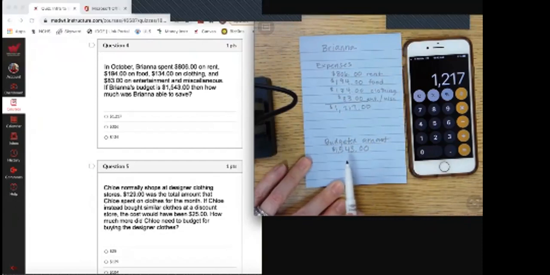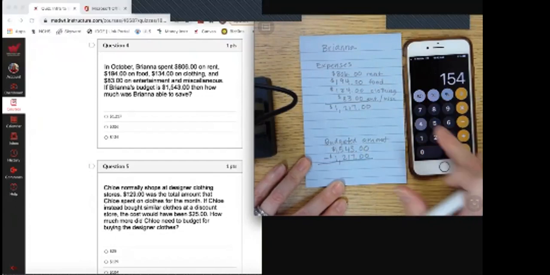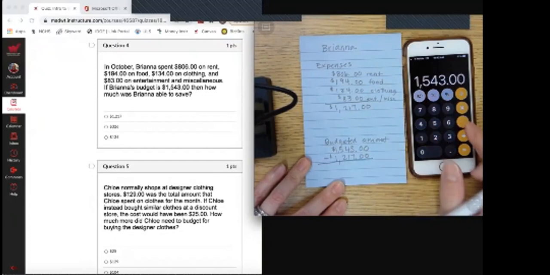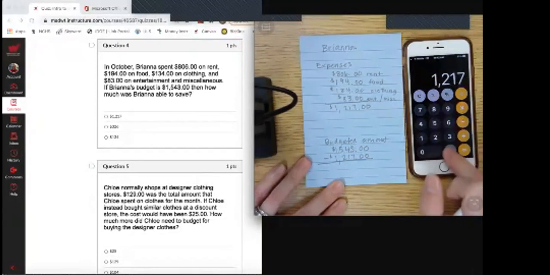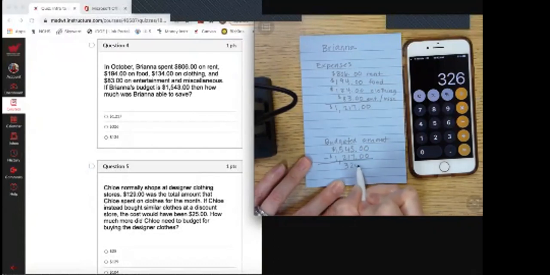Her budgeted amount was $1,543. So now we're going to subtract that from here. $1,543 subtract $1,217.00 equals $326.